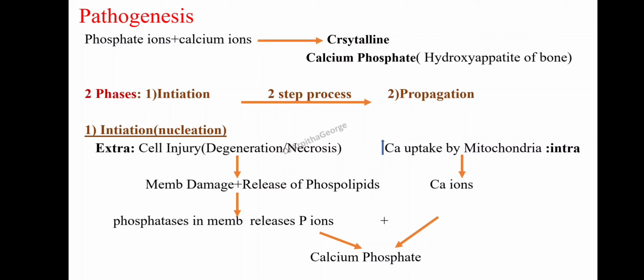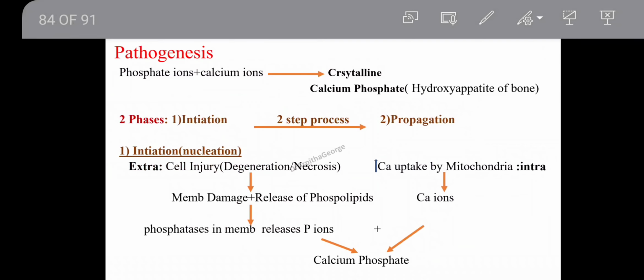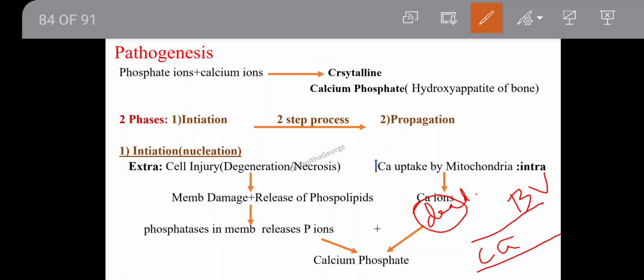After that, what happens? Where you can see the calcium, I have told you this is a blood vessel. In dystrophic calcification, there is normal calcium in the blood. So where is the dead tissue? Yeah, here is the dead tissue.